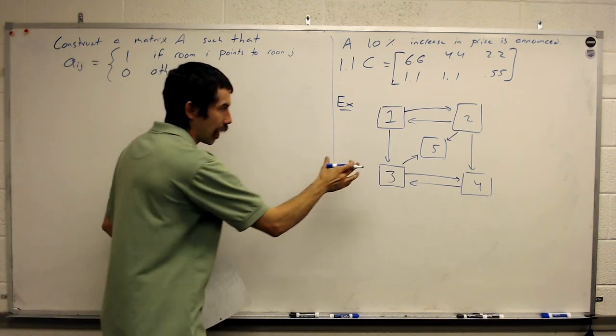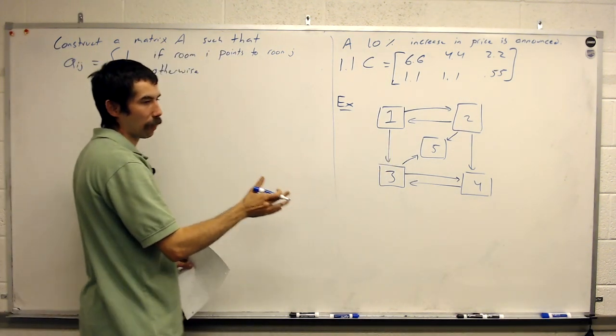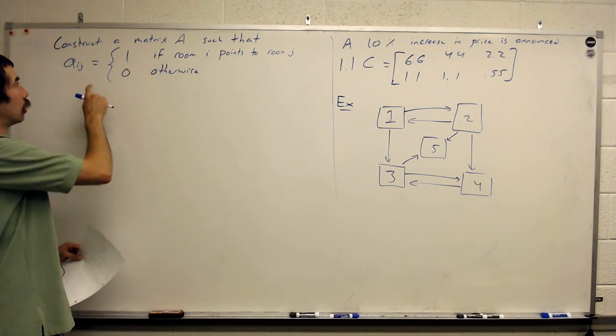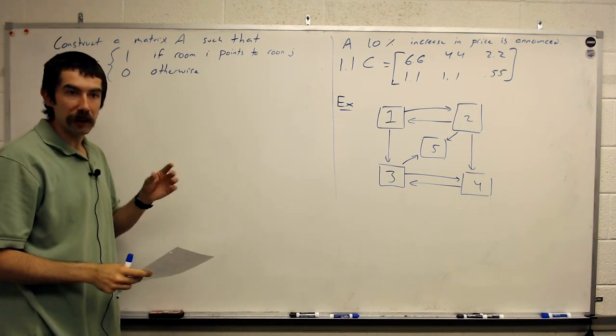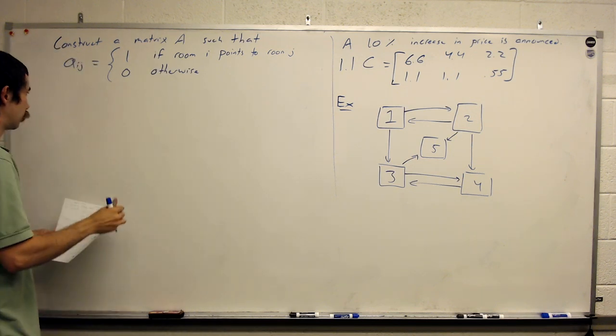All right, so this diagram we can represent as a matrix. What's the size of our matrix going to be? It's going to be 5 by 5 because there's 5 rooms in our diagram.